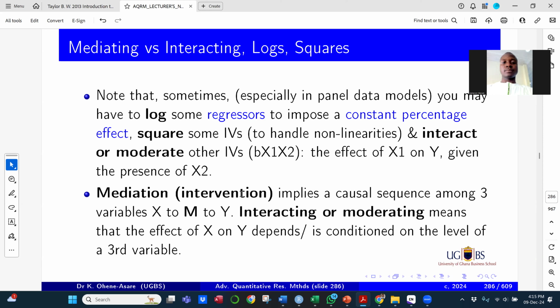Oh yeah. Sometimes they become statistically significant because you've interacted them. I've done some work right now, and they did that. Individually, one particular variable was not significant, but when you interacted it with some other variable, it becomes significant.